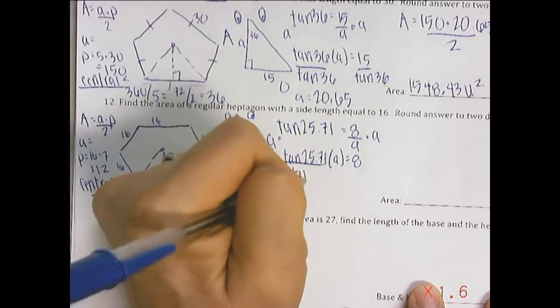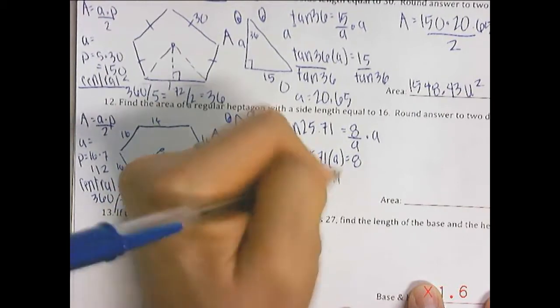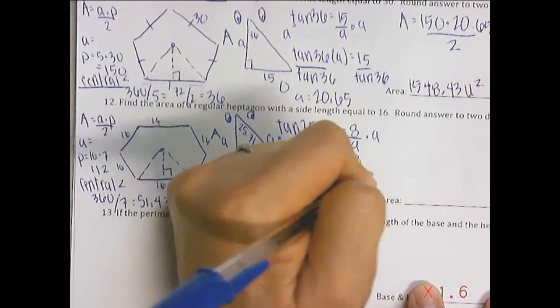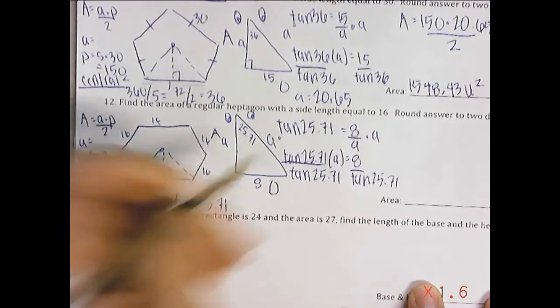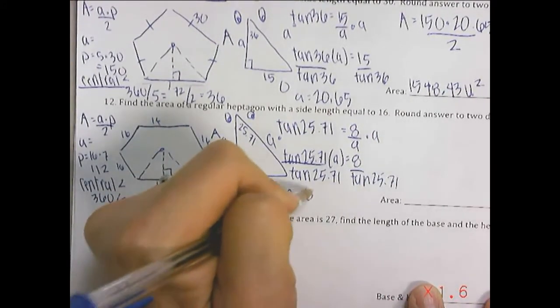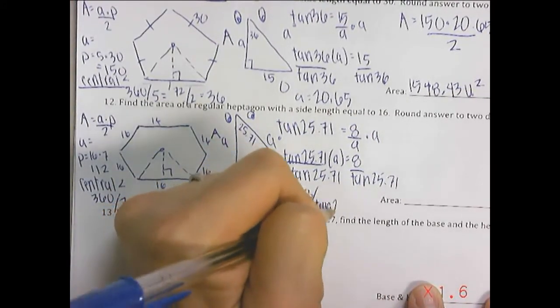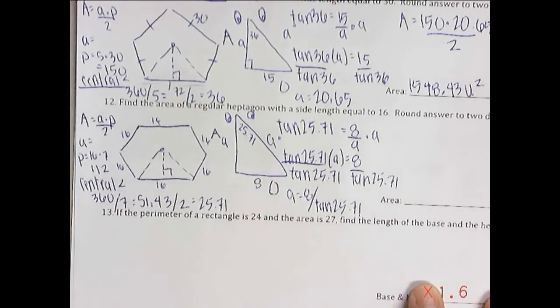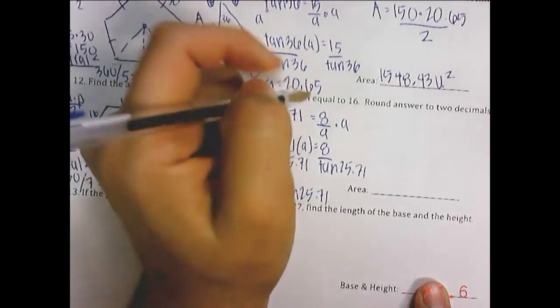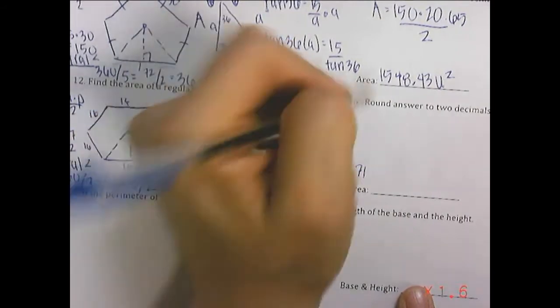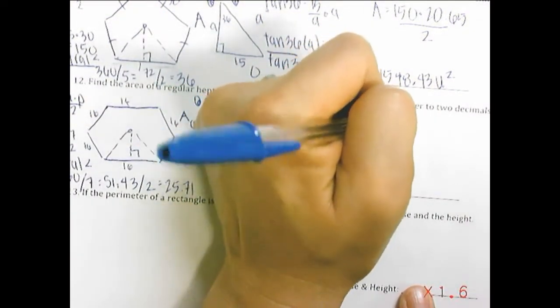Divide by tangent 25.71 and get A equals 8 over tangent 25.71. And my apothem would be equal to 16.62.